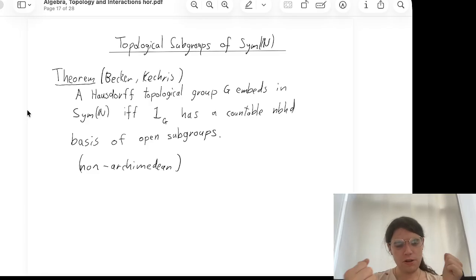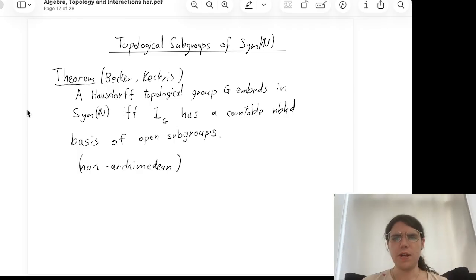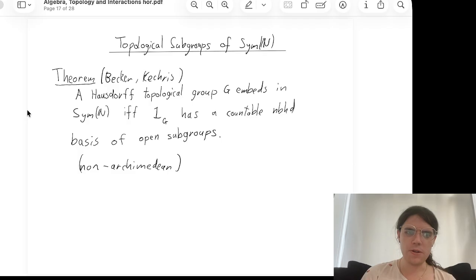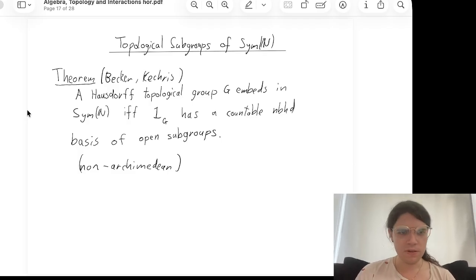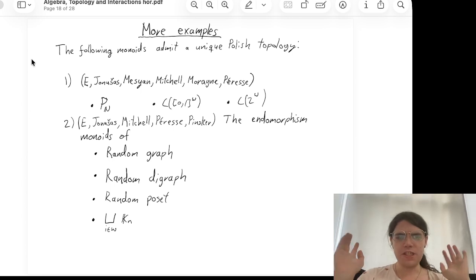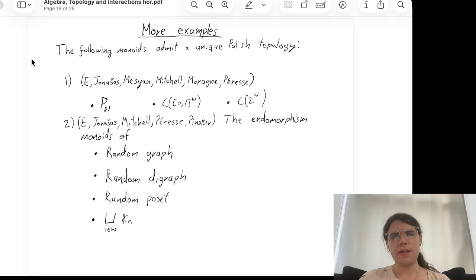And as is often the case in group theory, you can describe everything using the identity by just moving it around. But this really is the analog of the two results mentioned before. It's just a bit tidier because group theory is a bit tidier than semigroup theory. By Becker and Kechris.